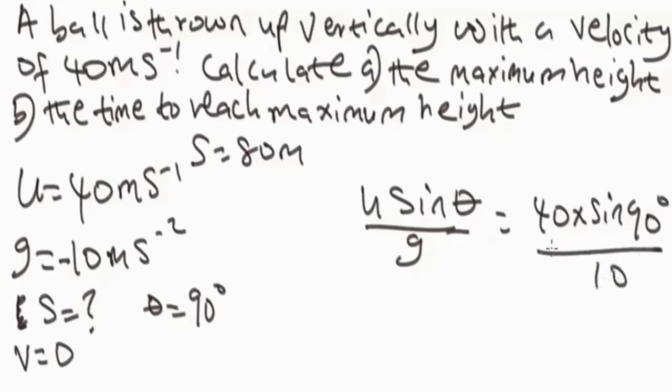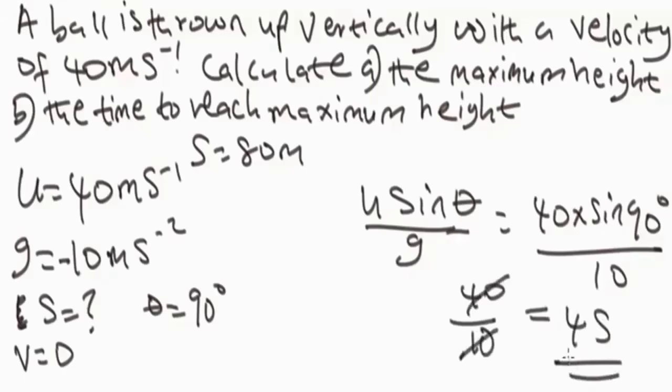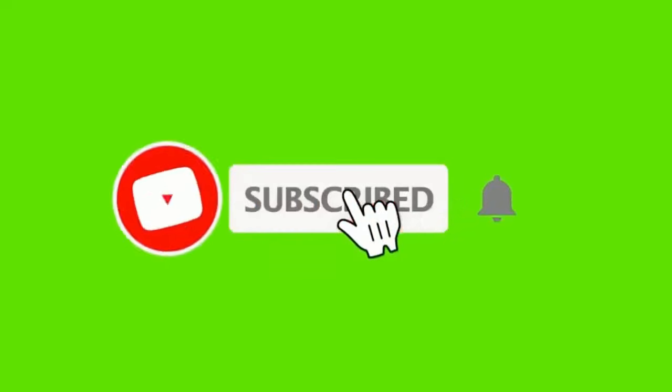Sine 90 is 1, so we have 40 over 10. So you still get back to 4 seconds. So either one will work for this particular question. Basically, you can apply the equations of motion to problems involving motion and solve them.